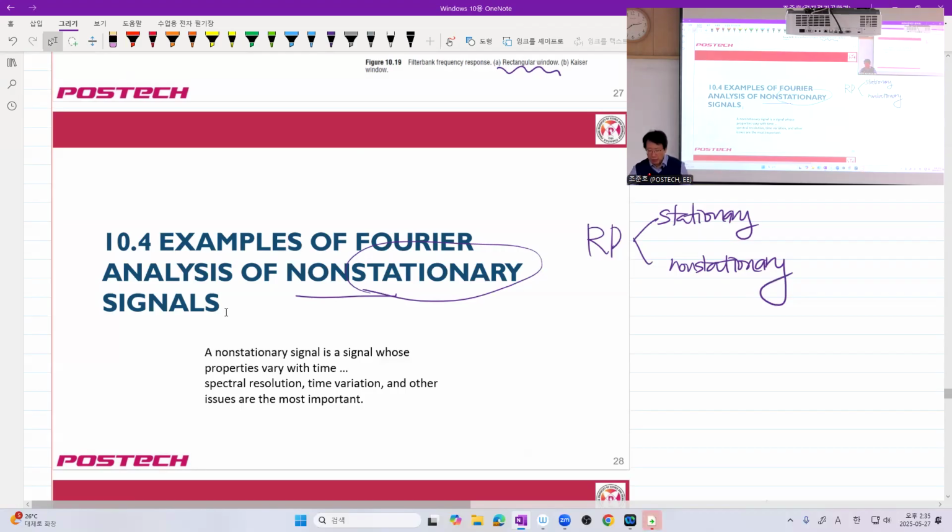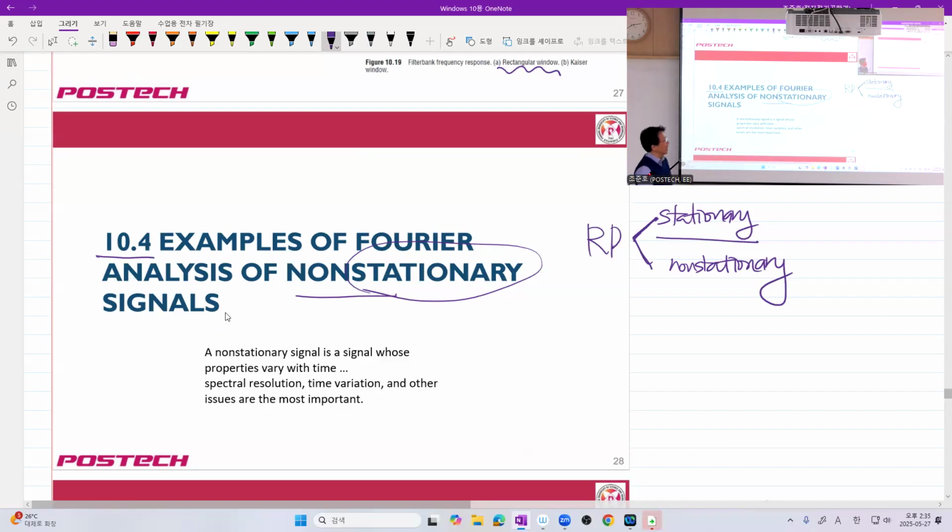But first, a random process is classified as a stationary random process or a non-stationary random process. And a random process has, as a special case, a deterministic signal. So we may generate a deterministic signal and call it a non-stationary signal. The examples in section 10.4 look more like deterministic signals, but do not have so-called stationarity.